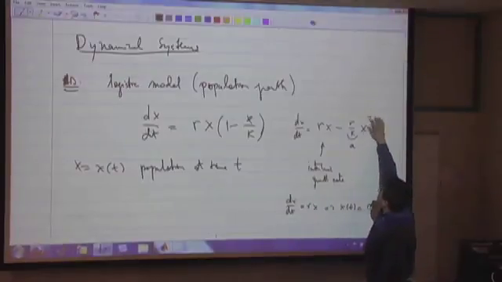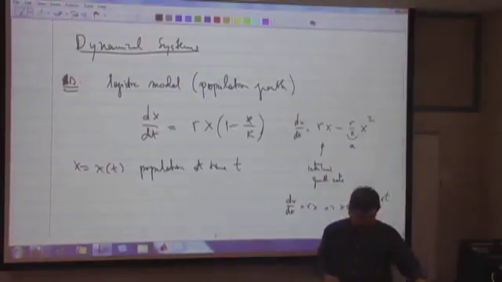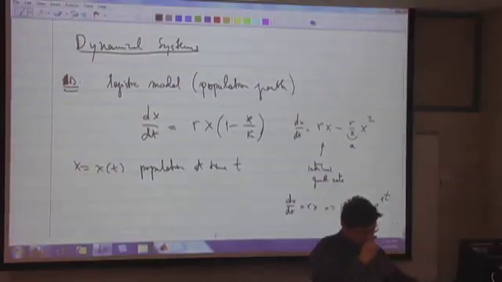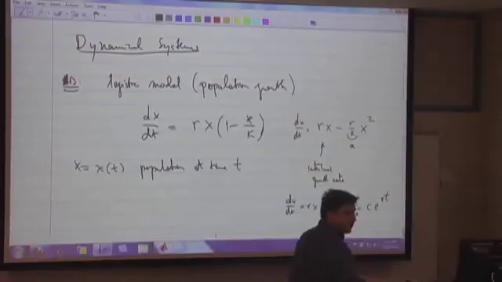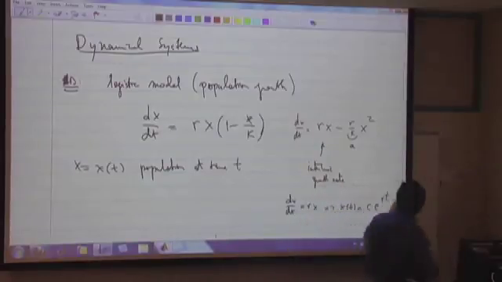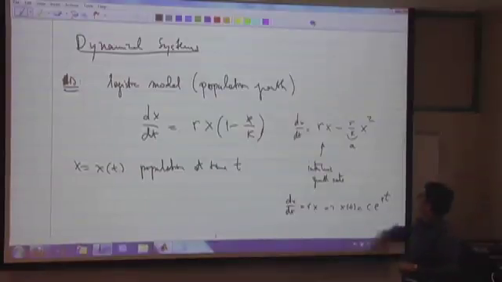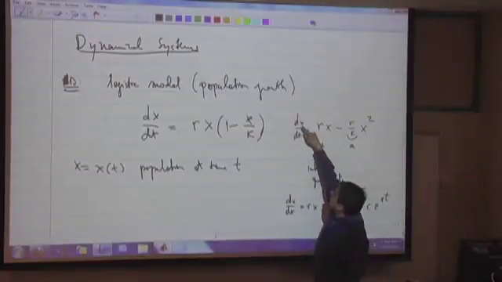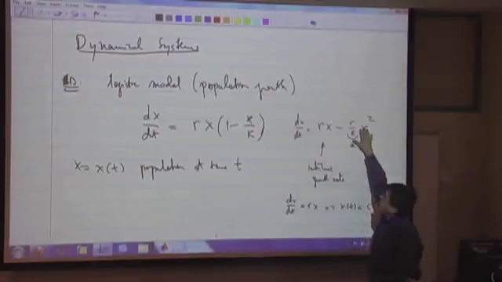The simplest model is to introduce a quadratic term, which comes from the product of x with x, with a constant in front of it, meaning that the competition inhibits the growth.